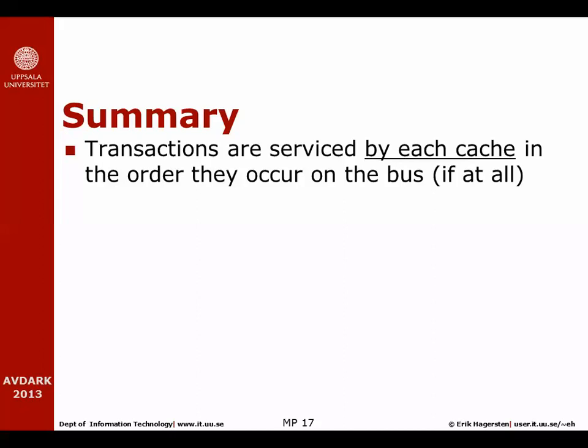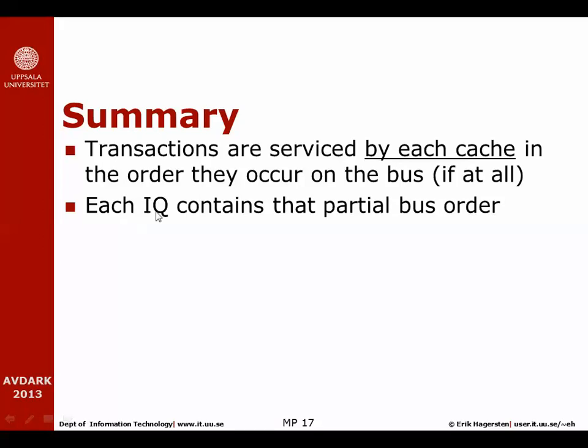Each Snoop coherence protocol that snoops above, looks in the Snoop tag, and selects only the address transactions that its cache will care about and puts them in the input queue. Each input queue will contain the partial bus order that it cares about, but it will not contradict the global order of all transactions on the bus.